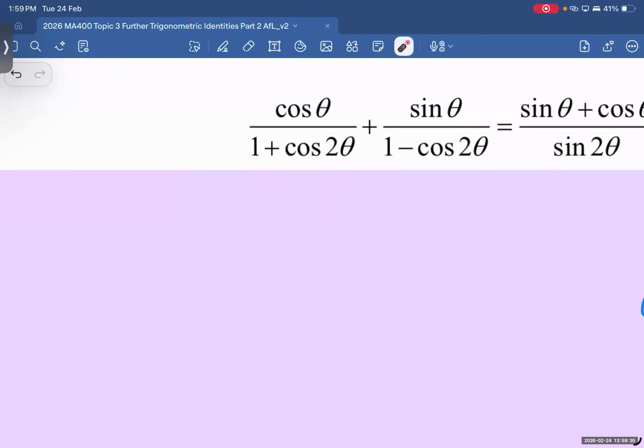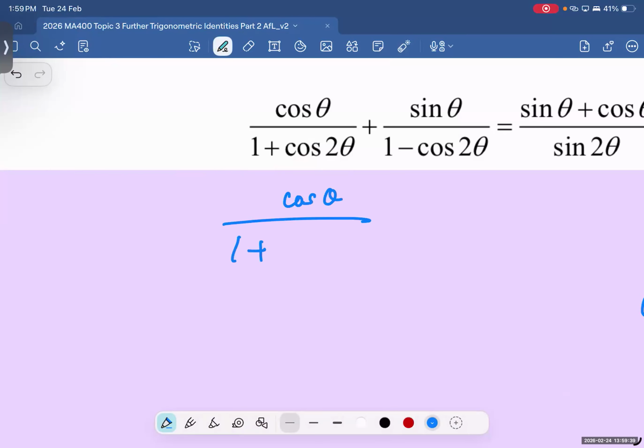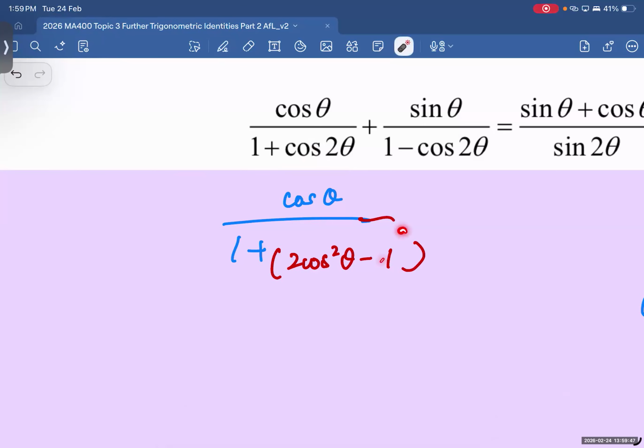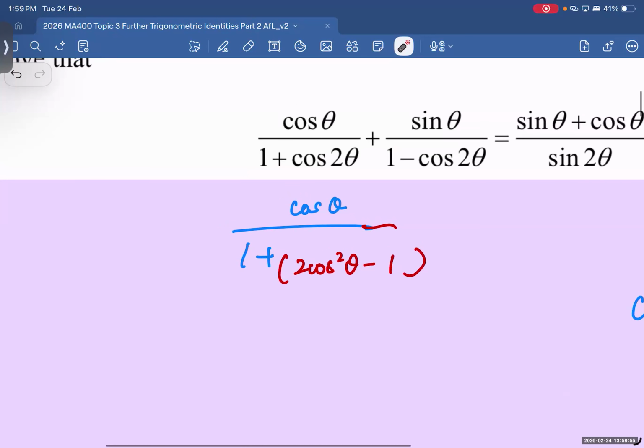What do I mean? I write it as 1 plus. Because I want to get rid of the 1, I'm going to choose this. Why is that so? Because it allows me to get rid of this. You understand? I cannot tell you how I know this. It's just that I've seen too many questions like that. Then you can see the cosine cancels. It's such a clean process.